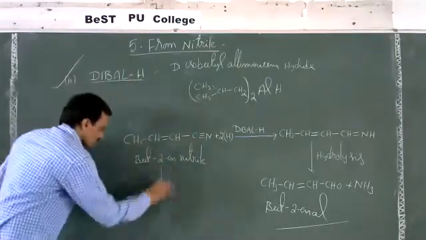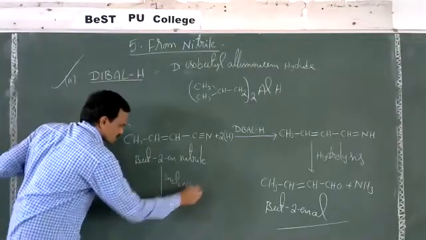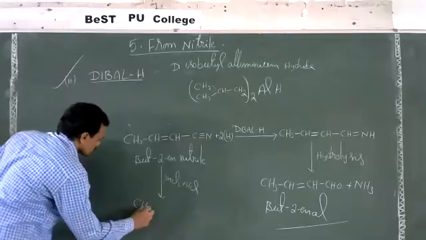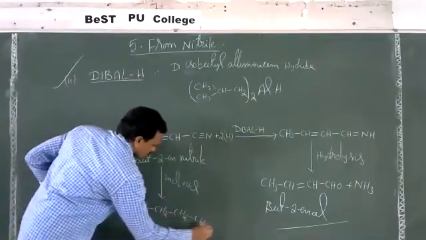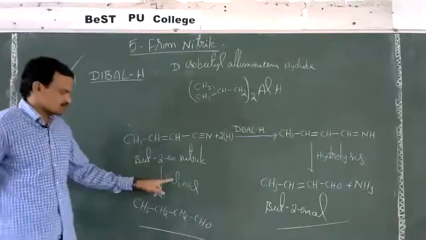In the same reaction, if you use SnCl2 plus HCl, then your product is CH3-CH2-CH2-CHO, nothing but butanal.